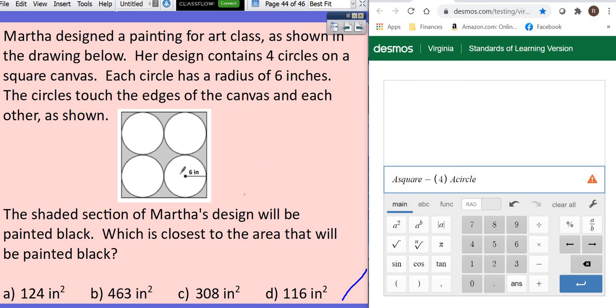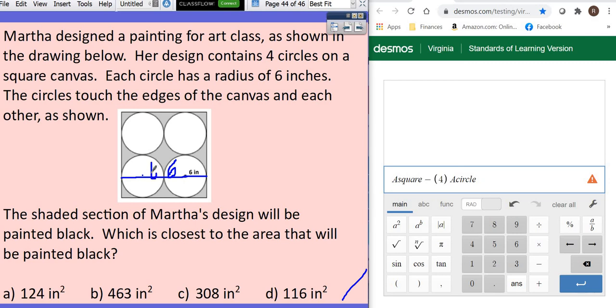But there's a problem here. I don't know my side of my square. Well, I think they told me how to find it. It's just a little bit different. I'm going to draw this line all the way across. This line here is the same as this side here. And if it's a square, they're all the same. Well, if this is 6 inches, then this has to be 6 inches.